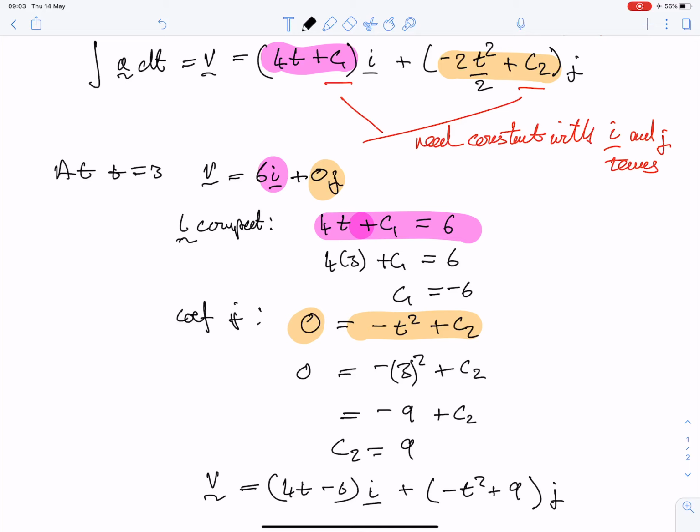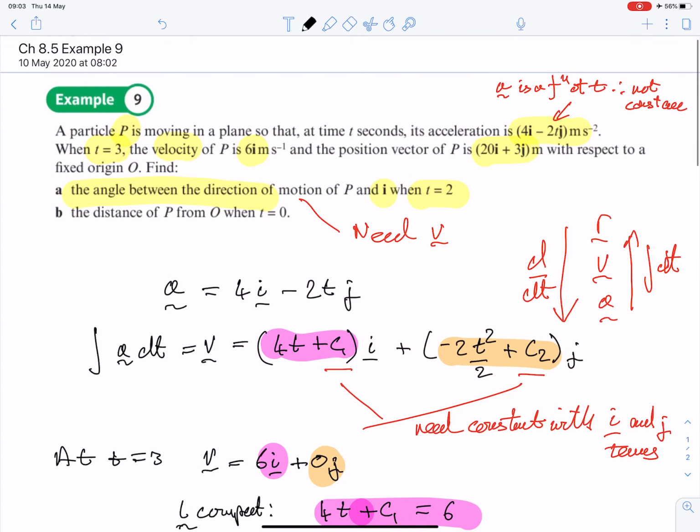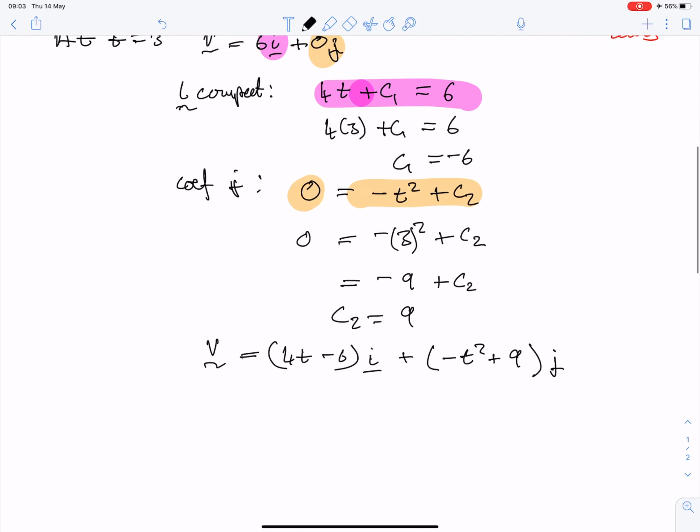You might have chosen to write that as 9 minus t squared. That would be absolutely fine. Okay, so we've found the velocity. Let's go back and read the question, make sure we've answered it. Find the angle between the direction of motion of P and i when t equals 2. So we need the velocity when t equals 2, and then we need to find the angle.